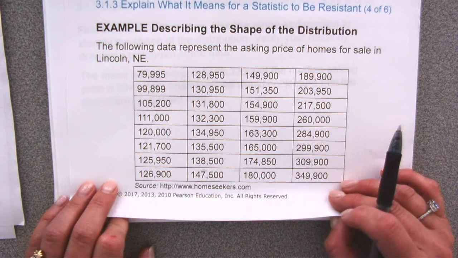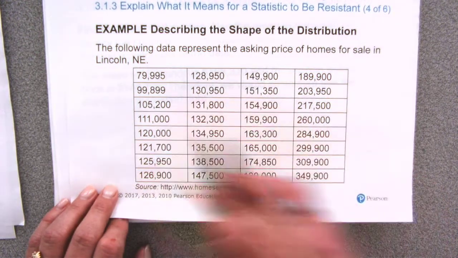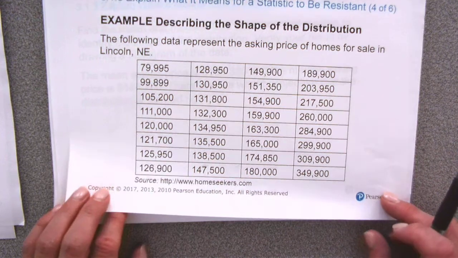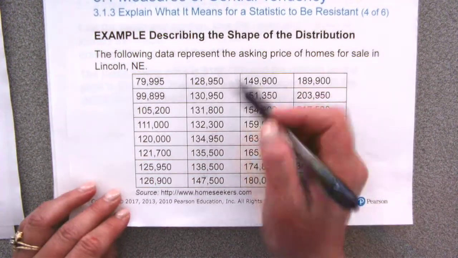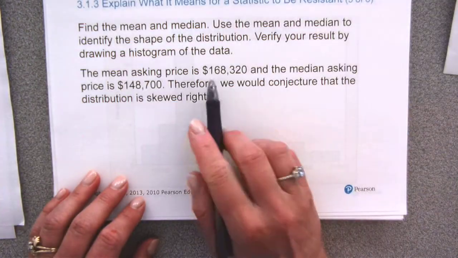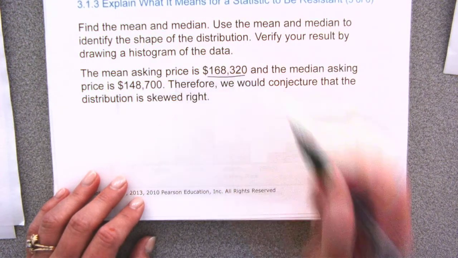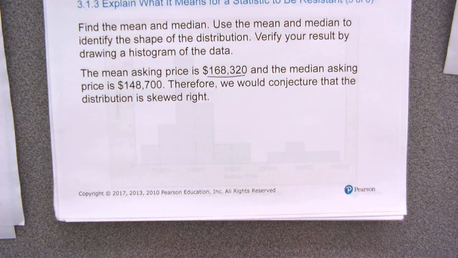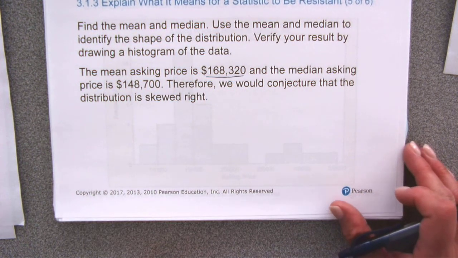So I will show you how to do that using your graphing calculator here in a minute. But for now, let's just go with, we're going to add all these up and divide by 32, and we're going to get the mean value, which is 168,320.